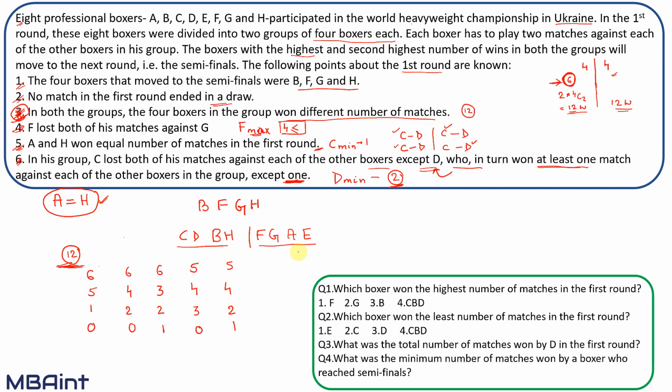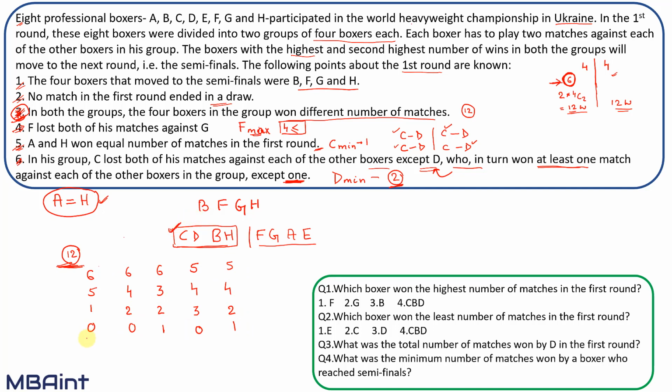Okay. Now we see that in the group of C, D, B, H, because we have more information about it, B and H are selected from this group. H and A have an equal number of wins. The minimum value of C is 1. The minimum value of D is 2. So out of these combinations, what combination can C, D, B, H take?